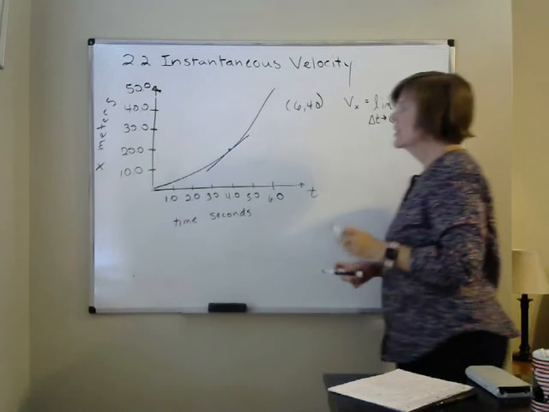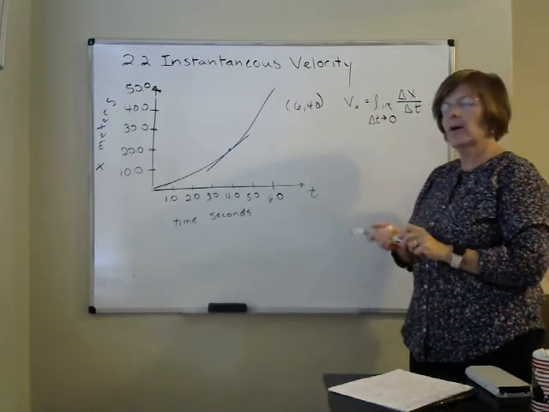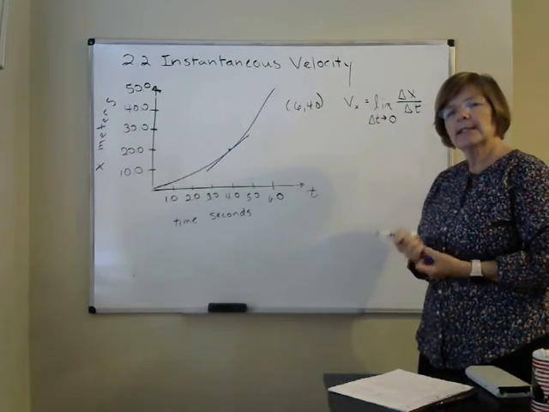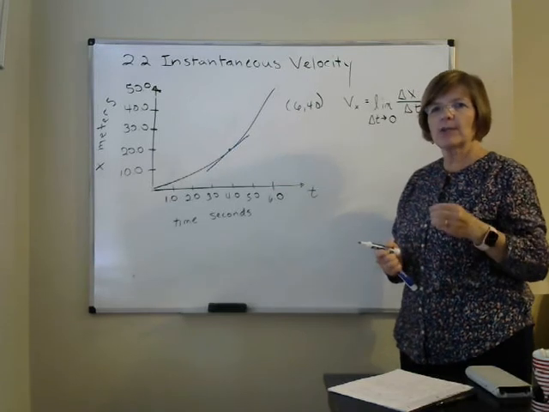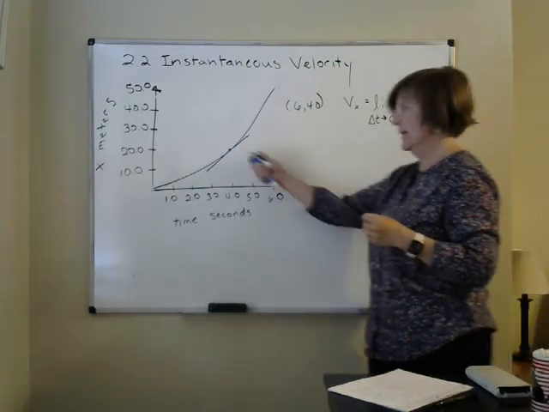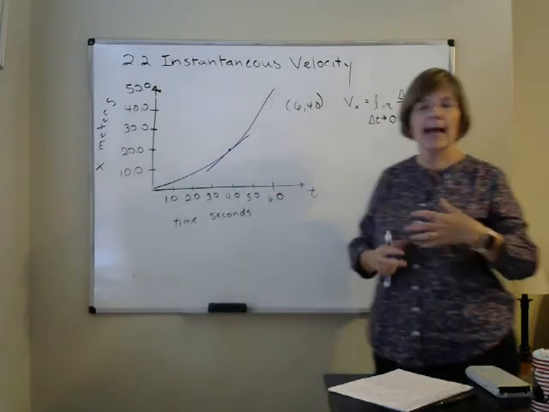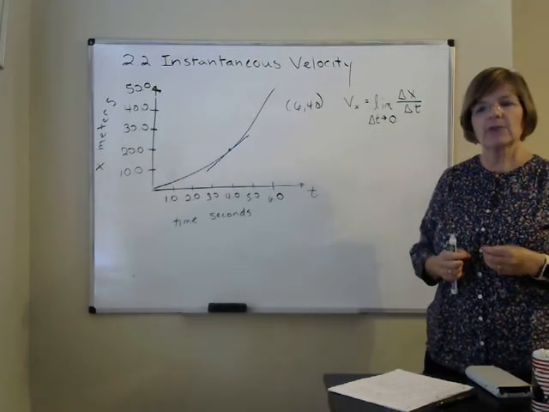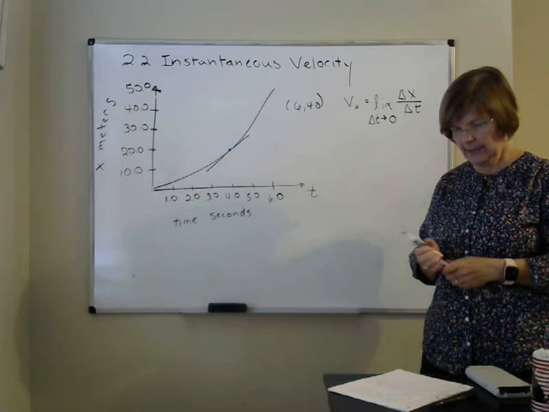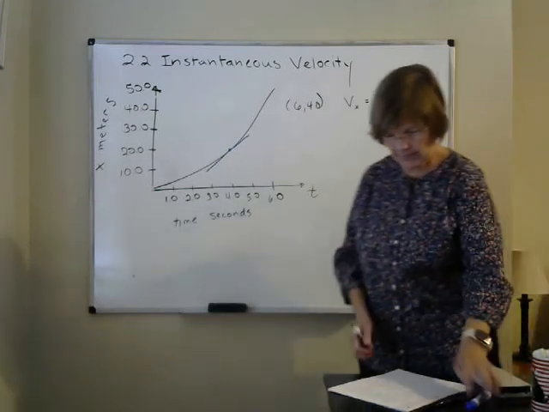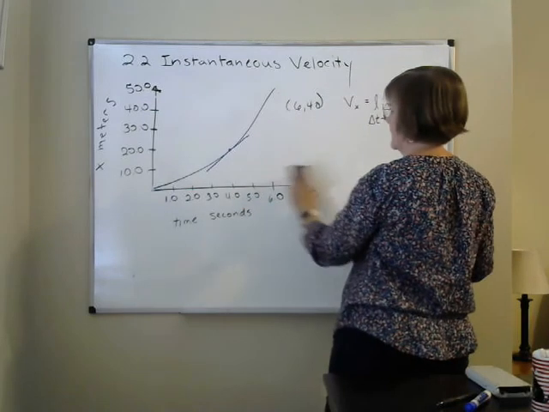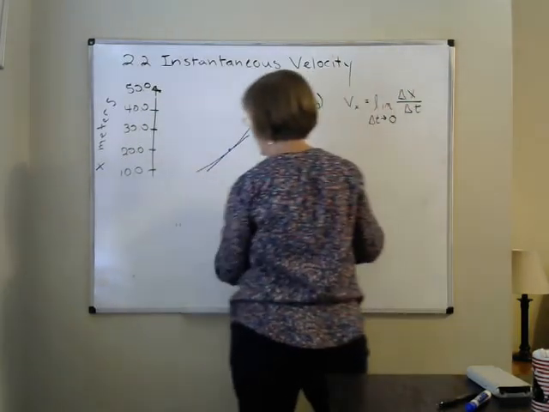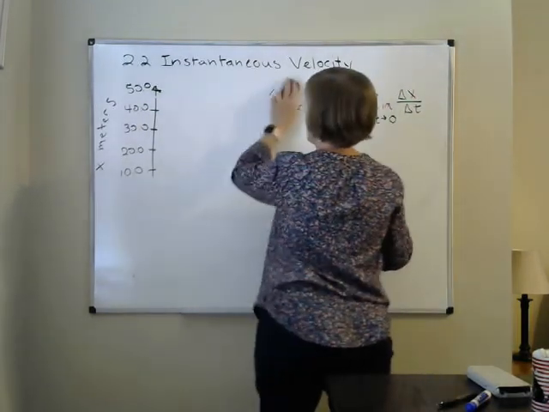So, if I'm interested in instantaneous velocity on a position time graph, then I'm interested in the slope of a tangent line. If I'm interested in average velocity, then I'm interested in the slope between these 2 points. Now, I'm not going to actually calculate that, but I want us to look at how we can make some interpretations.